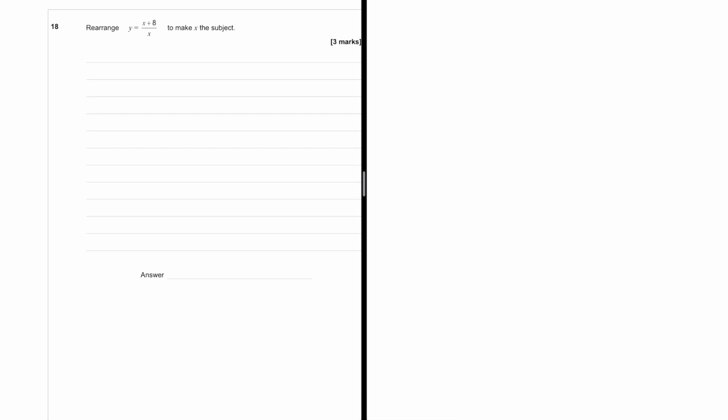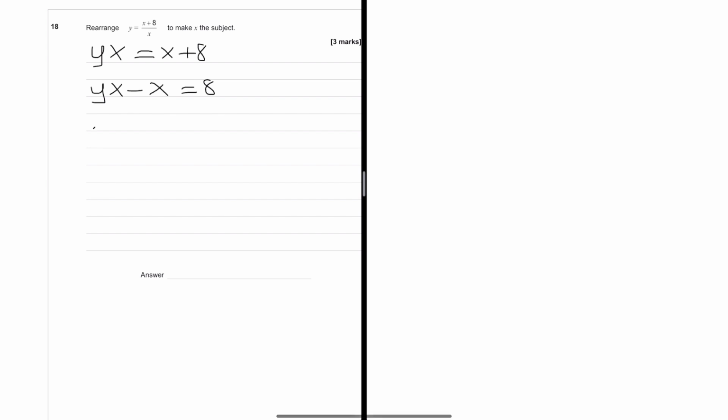Moving on to question 18, and we want to make x the subject of this equation. So the way we can go about doing this is, let's start off by multiplying both sides by x, which gives us that yx equals x plus 8. And then we can now get x on both sides. So if we subtract x from both sides, we get yx minus x equals 8.